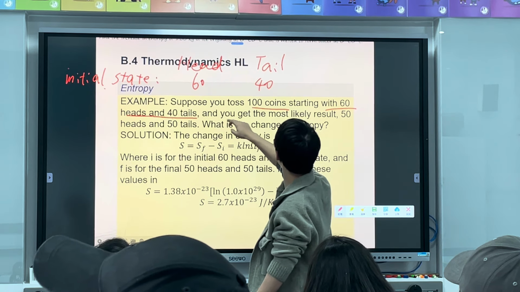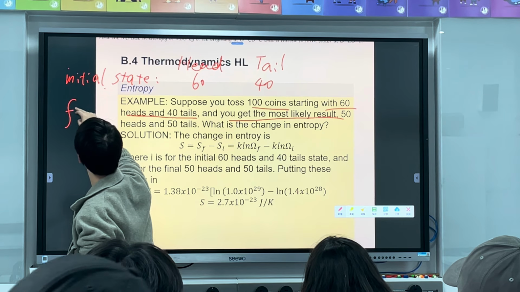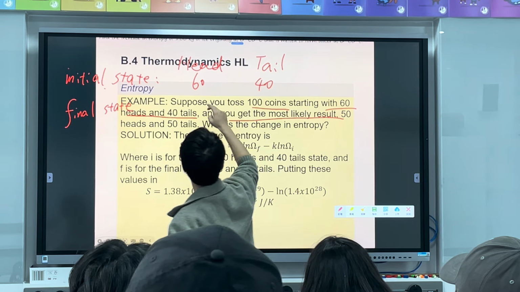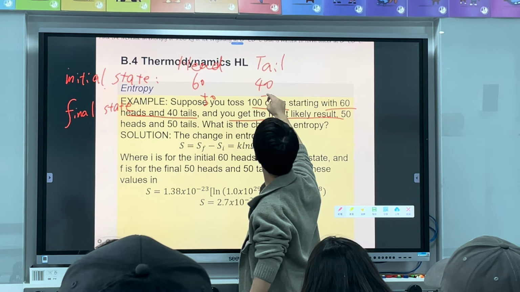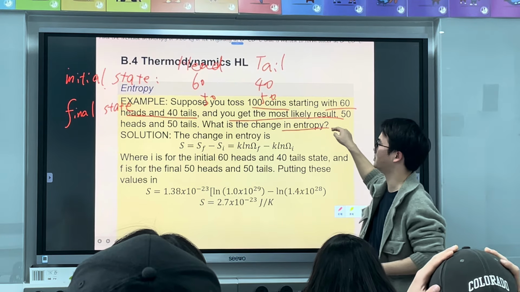And then you get the most likely result, 50-50. That's the final state, 50 and 50. What is the change in entropy?